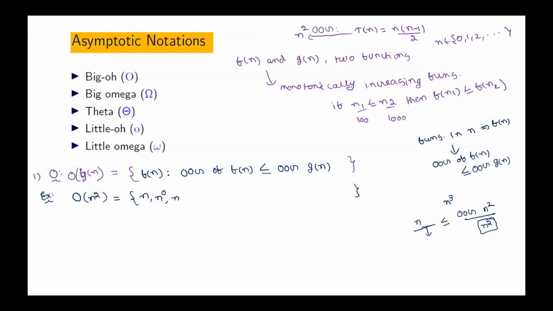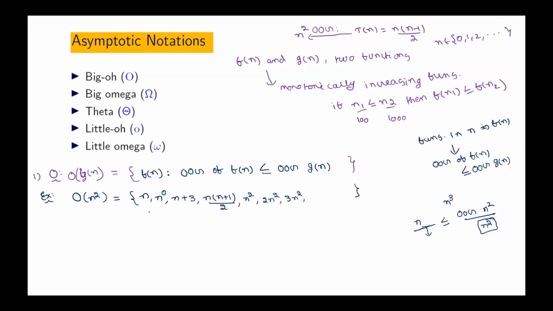n plus 3, is that correct? Yes. n into n plus 1 by 2, is this correct? Yes, it is n square order.